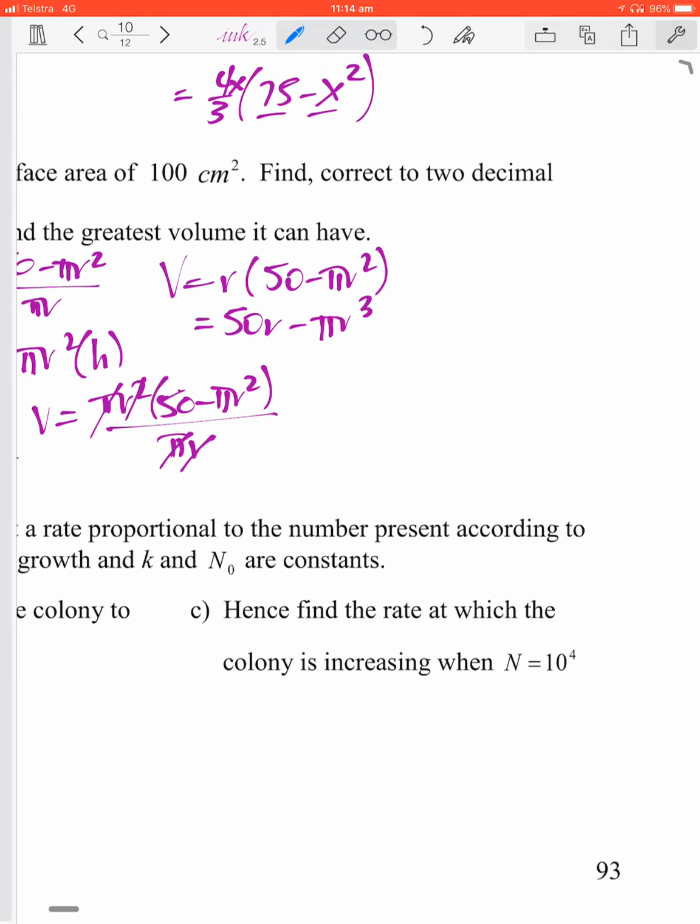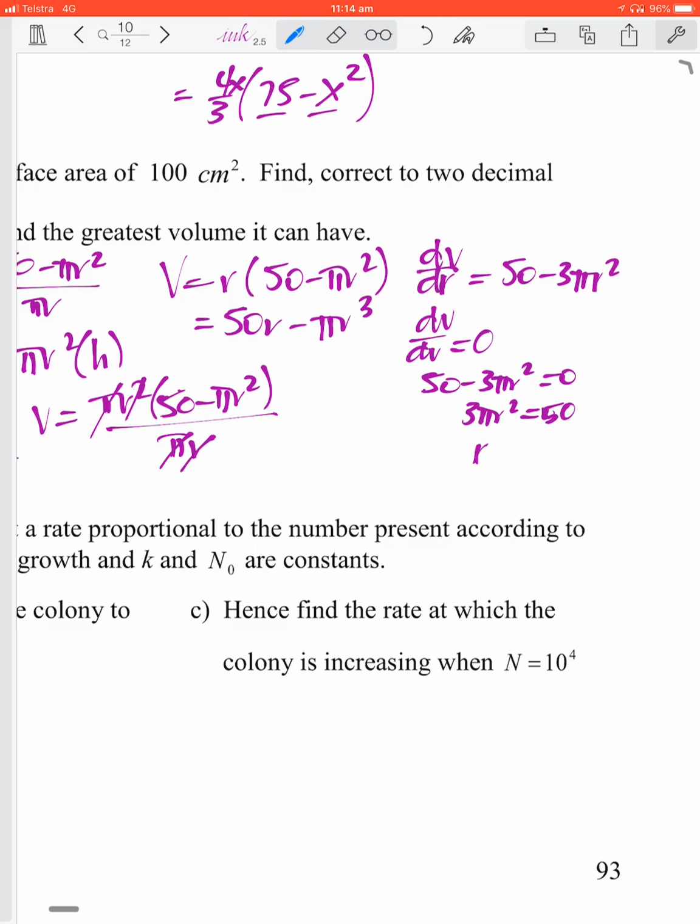Now, if I want to find when it's maximized, dV/dr is 50 minus 3 pi r squared. dV/dr equals 0. So 50 minus 3 pi r squared equals 0. 3 pi r squared equals 50. R squared equals 50 on 3 pi. And then r is plus or minus root 50 on 3 pi.